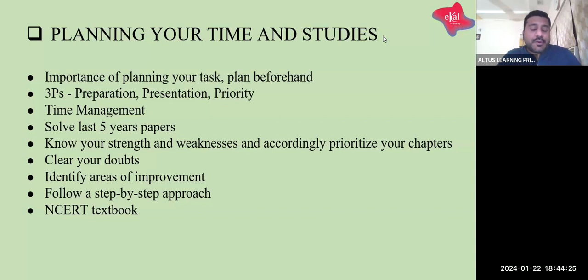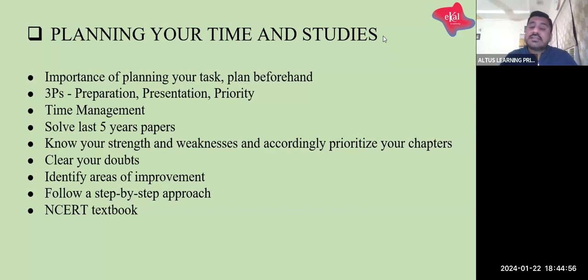Follow the step-by-step approach. What is that? When you are preparing a specific chapter, you need to keep your NCERT textbook handy. The entire chapter is given in topics, not in paragraphs. So the step-by-step approach means you start with some basic concepts, you understand the theory, you understand the definitions, then you understand the formulas and laws, and then you start with the diagrams, then you start with the numericals like that.